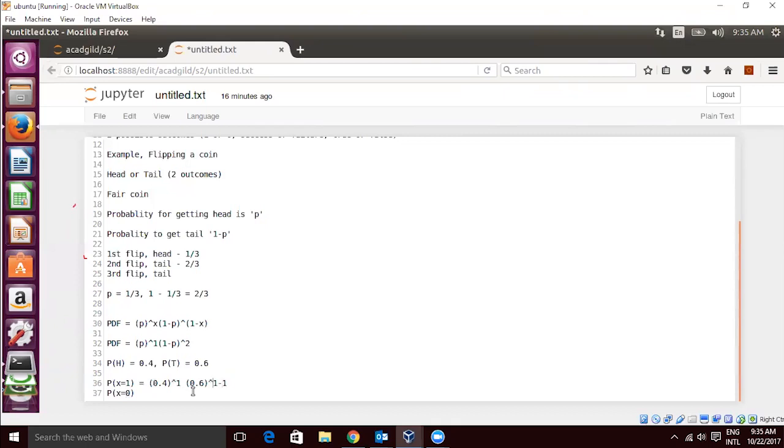So 1 minus 1 is 0. Anything to the power of 0 is 1. So it could be 0.4 to the power of 1 into 1, because anything to the power of 0 is 1, which is 0.4.